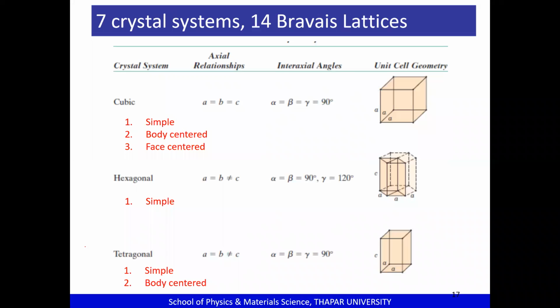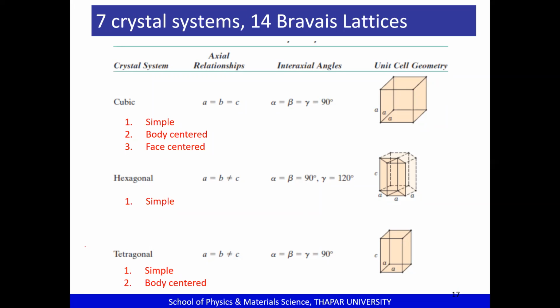So accordingly, now within the 7 crystal systems, if I look at the possibility of primitive and non-primitive unit cells, I get certain subcategories within a given crystal system. For example, for a cubic crystal system, my unit cell could be primitive, that is simple, or body-centered, or face-centered.